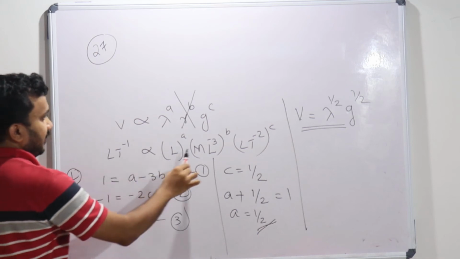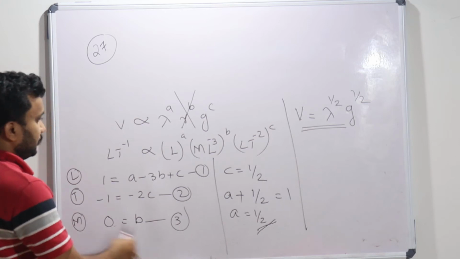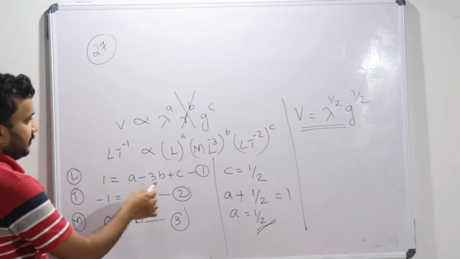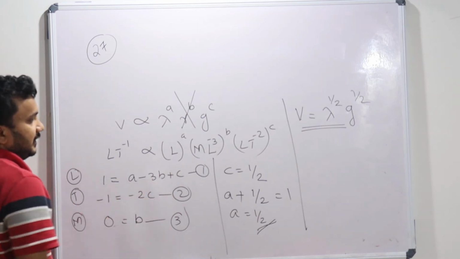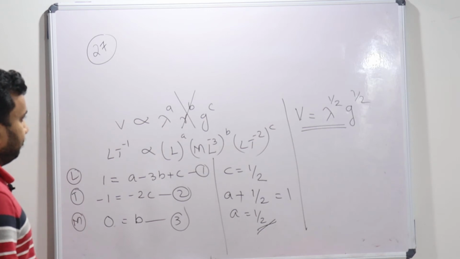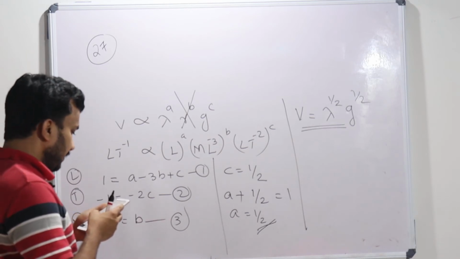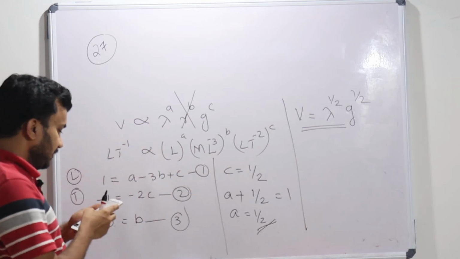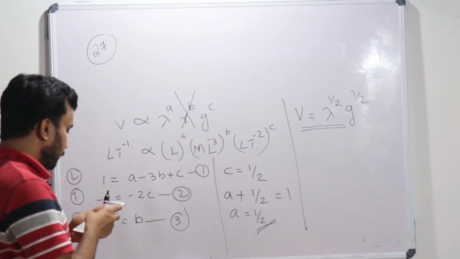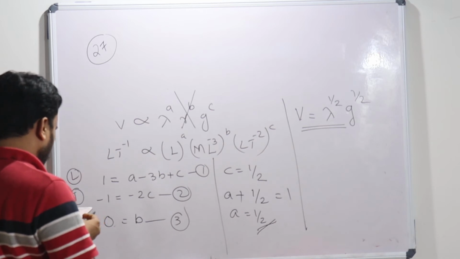And for M, 0 equals B, so B equal to 0 and that term is gone. Substituting here, A plus C equals 1, so A plus 1 by 2 is equal to 1, A is equal to 1 by 2. So our answer is lambda raised to 1 by 2 and g raised to 1 by 2. Both are equal to 1 by 2.